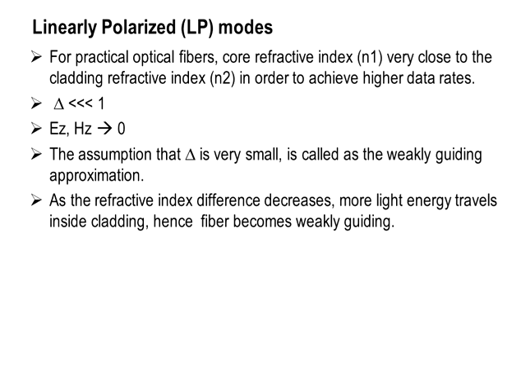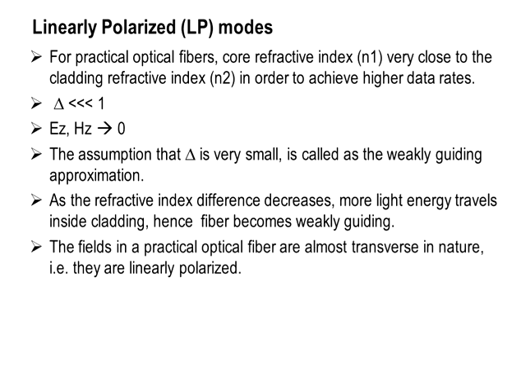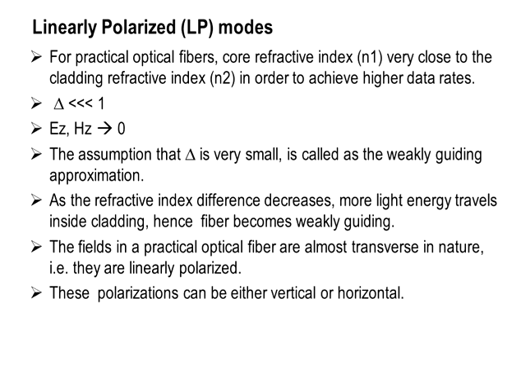We can say very little energy will travel through the fiber core and more energy is guided inside the cladding, so we say that the fiber is a weakly guiding fiber. Now, when delta is made very small, the Ez and Hz components will reach 0, and hence we can say the fields are almost linearly polarized, that is, they have either vertical or horizontal polarization.